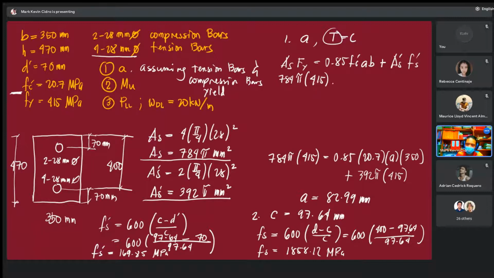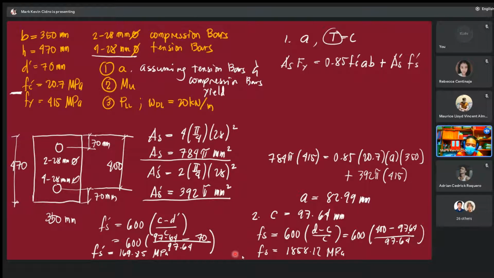Okay, so what we do here, since we already know that the value of your Fs prime is lesser than Fy, we can therefore conclude that the steel in compression will not yield.